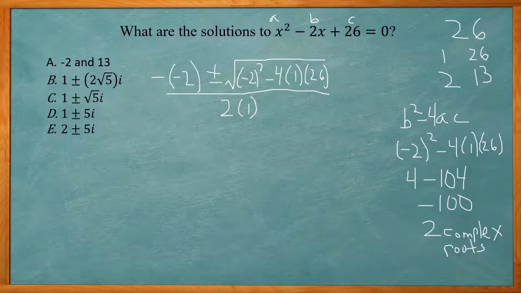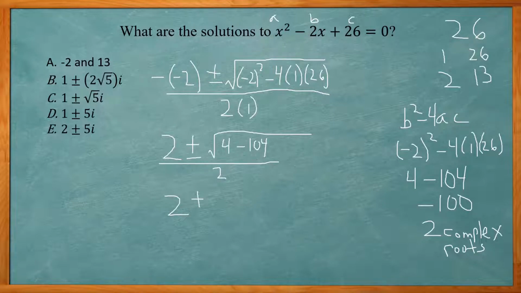So negative negative 2 gives us a positive 2 plus or minus negative 2 squared is 4. And we had over here, remember, it was 104. And then divided by 2. That gives us 2 plus or minus the square root of negative 100 over 2.